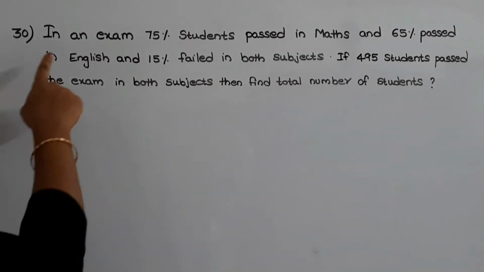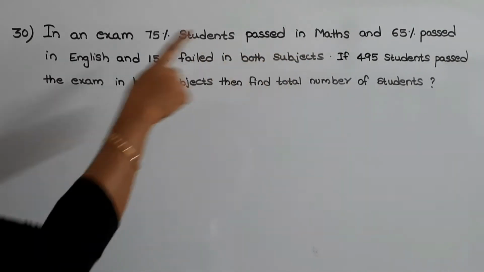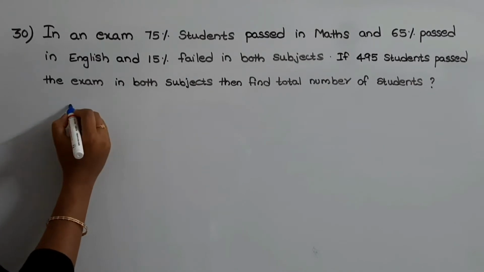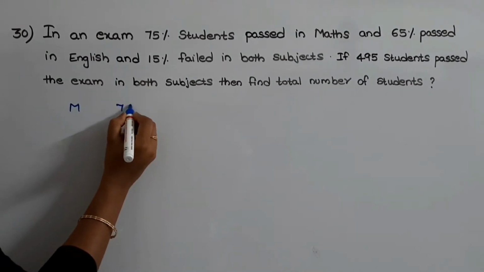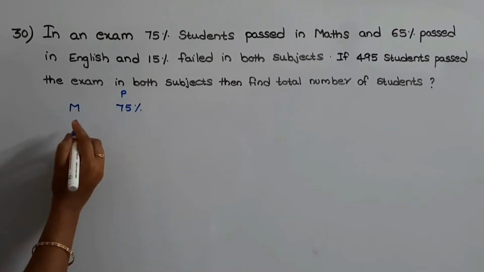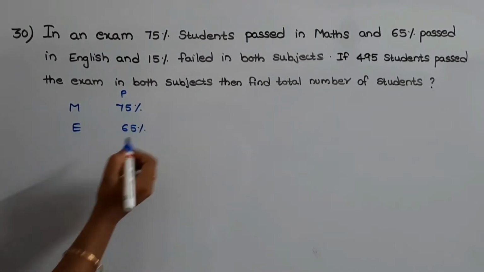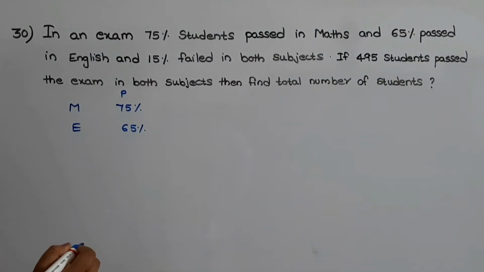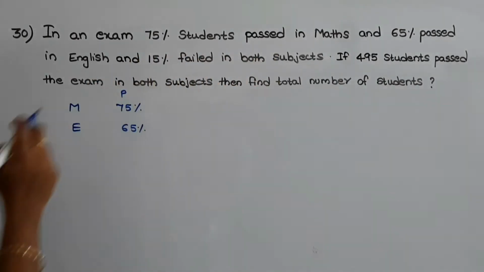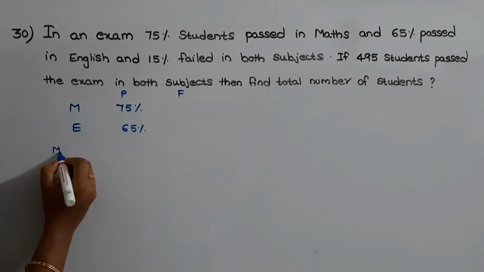The next question is: in an exam, 75% of the students passed in maths and 65% passed in English. They have given the percentage of the students who failed in both the subjects as 15%.